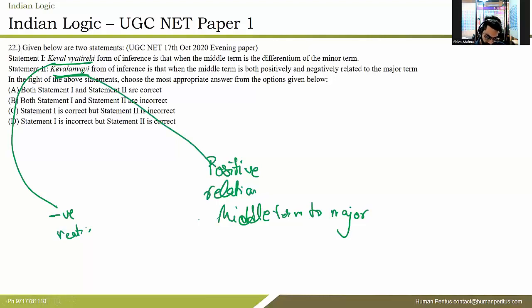So what does the statement say? Forms an inference when middle term is differential term to minor term, correct? Forms an inference when middle term is both positively as well as negatively related. That is wrong. That is Anvaya Vyatireki, right? Remember? So the first statement is correct. Second is wrong. Correct answer is C.